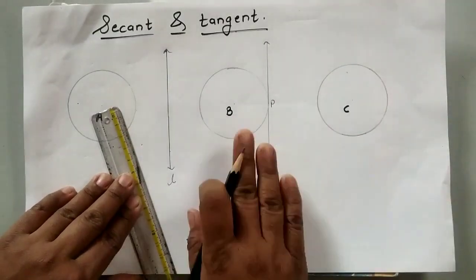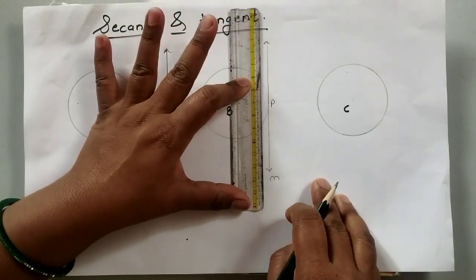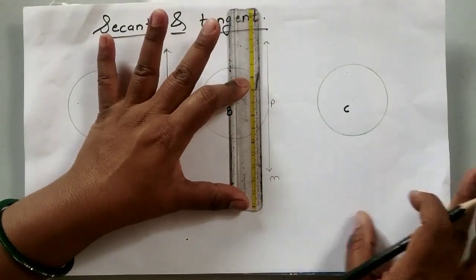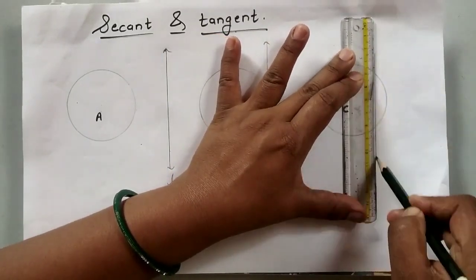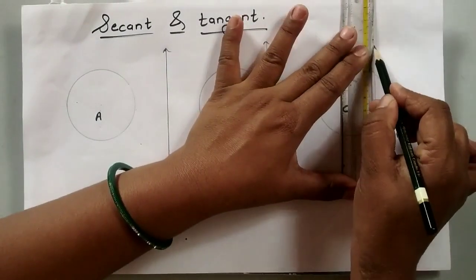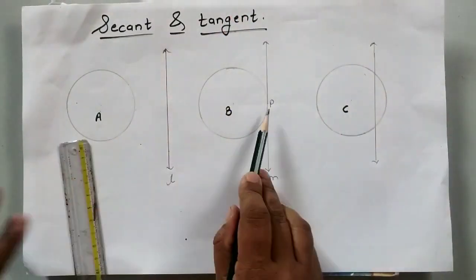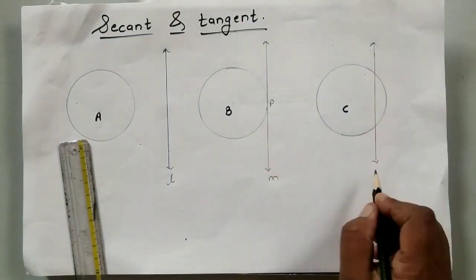Now if I take this line again into the interior of the circle, it comes inside, so it intersects the circle at a single point.